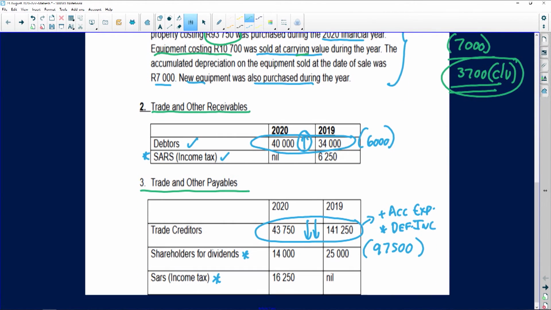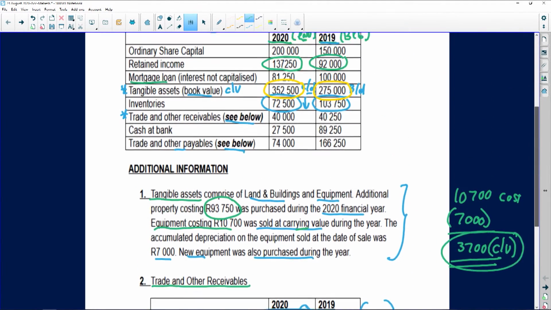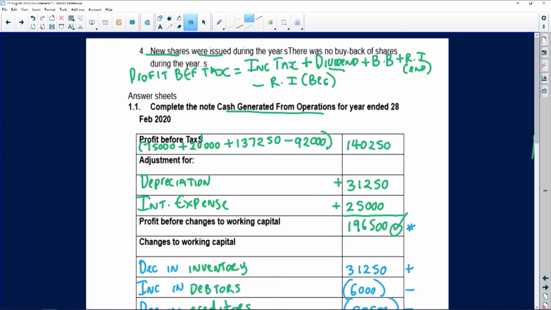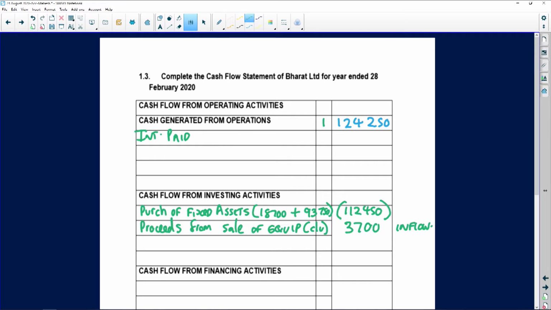So if I go to trade and other payables, there's no accrued expense for interest on loan. So in this particular case, very straightforward. Your interest expense, 25,000, is the interest that you've paid for the financial year. So your expense is equal to what you paid. All I have to do is simply fill in that amount of 25,000, and that represents an outflow of cash because it's a payment.